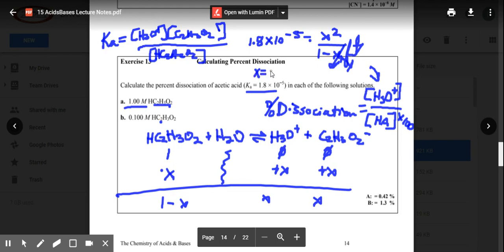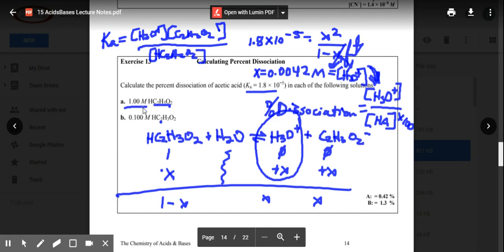So x is equal to 0.0042 molar. Again, what does that number mean? It's the amount of the hydronium ion concentration that I have. So now that I know the amount of the hydronium ion concentration, I can plug that number in here.